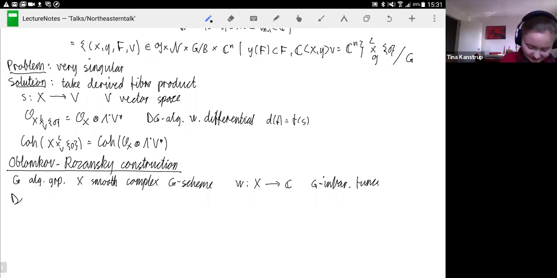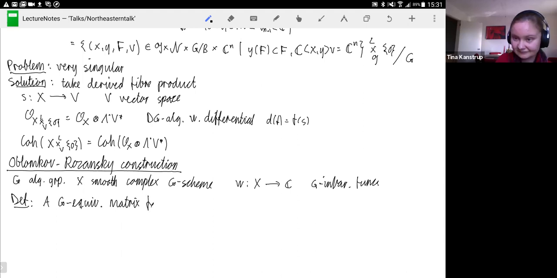And so the definition of what are called matrix factorizations of G equivariant. This is the following set of data.